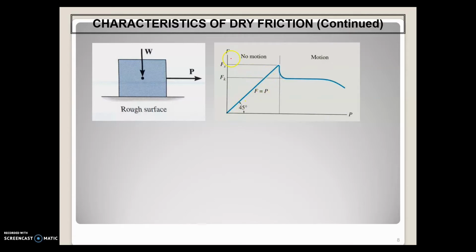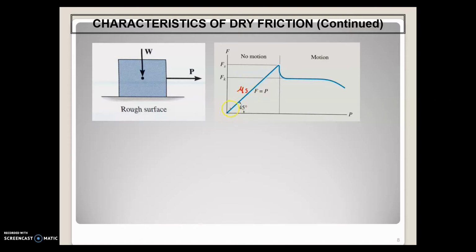No motion will occur until static friction stop. Bila motion ni berlaku, kinetic friction baru bermula di sini. So maknanya no motion ni adalah mana dalam proses block tu nak start to slip, tapi dia belum slip lagi.